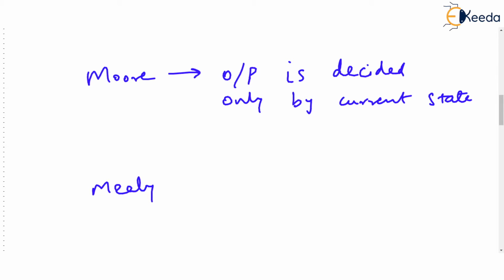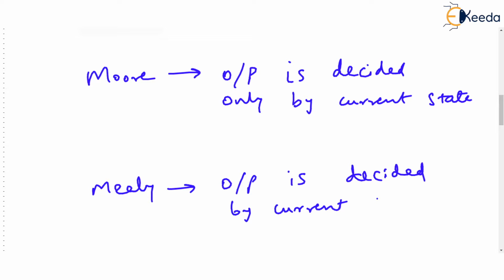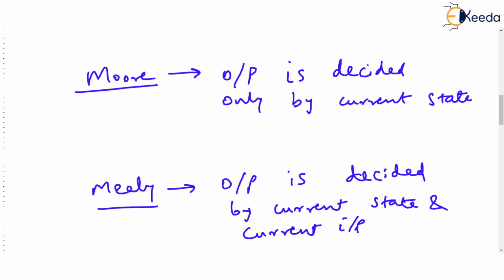Whereas in Mealy machines, the output is decided not only by the current state, but by the current state and current input. This is the only difference between these two machines. Otherwise, working wise and development wise, both machines are the same.